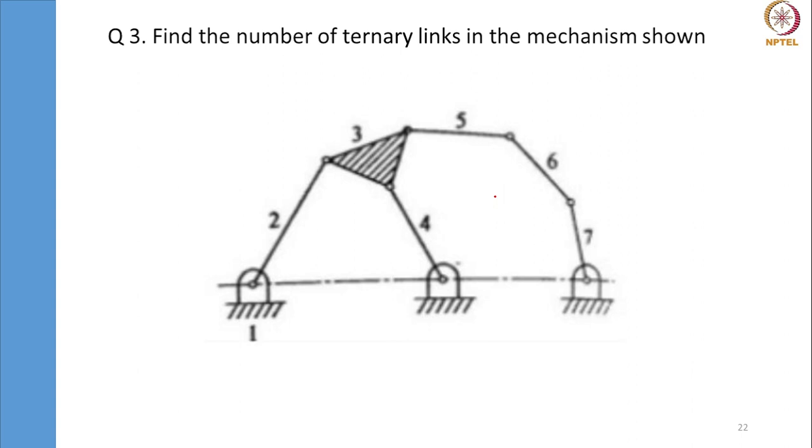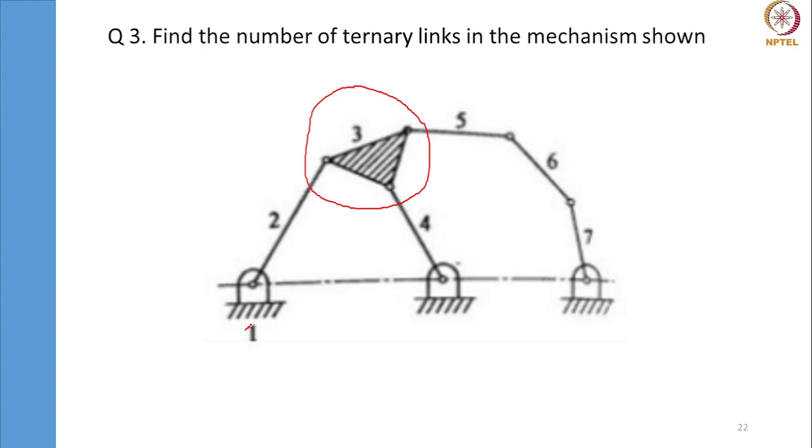Any other answers? 2, sir. Okay, one with the ternary link and one more with the ground. Any other answers? Okay, this is one ternary link, and as our friend pointed out, ground is also one more ternary link.